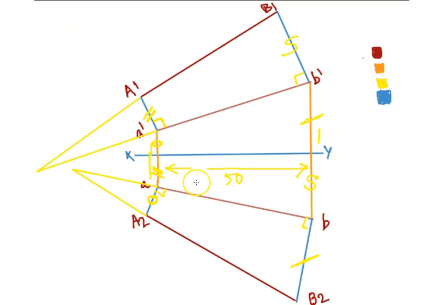Before doing that, I'd also like to point out one more thing. Here we are also trying to see, especially in the next problem, how to draw the vertical trace and the horizontal trace. They are nothing but extensions. When you extend the true length and the corresponding view, you will get one of the traces.